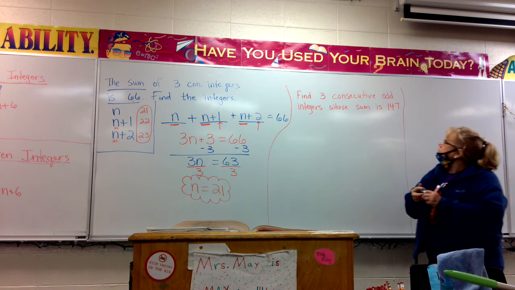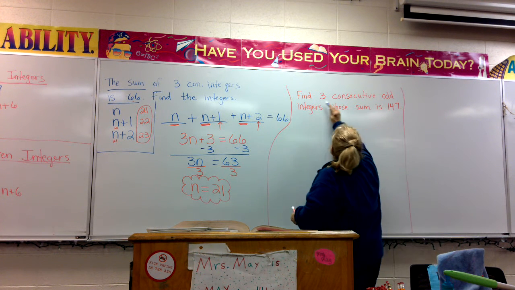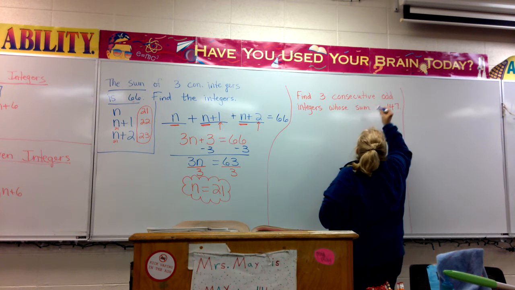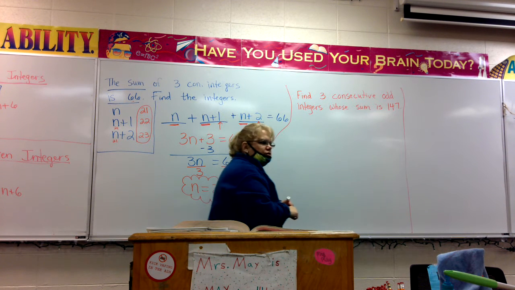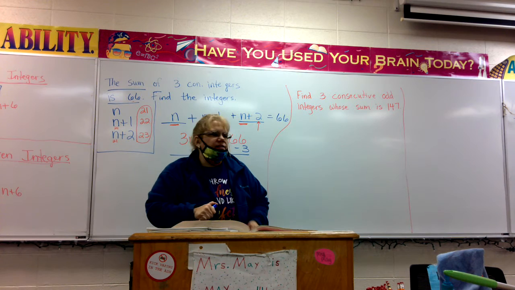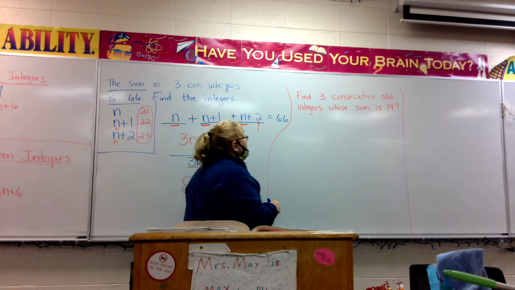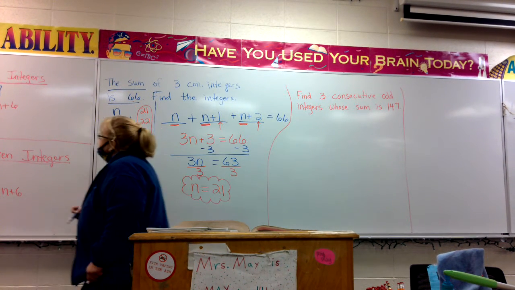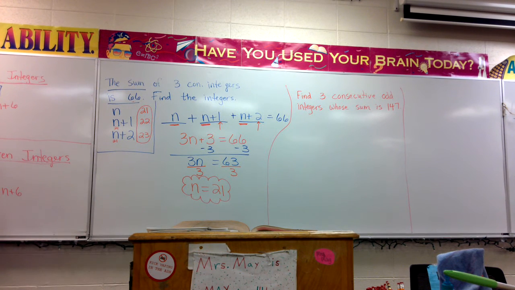First of all, read it carefully. Three consecutive odd integers. How are we going to write three consecutive odd integers? How are we going to represent those? n, n plus 2, n plus 4.